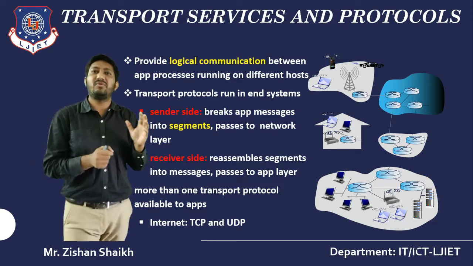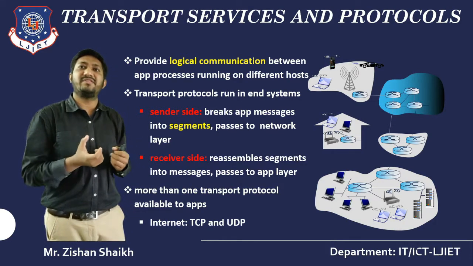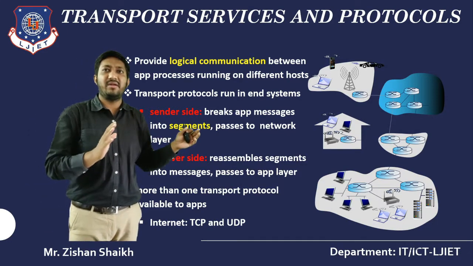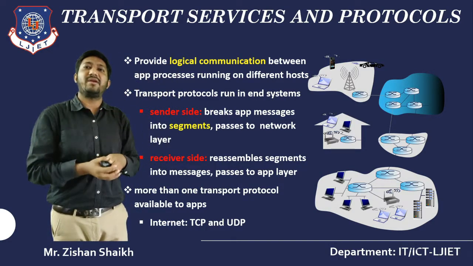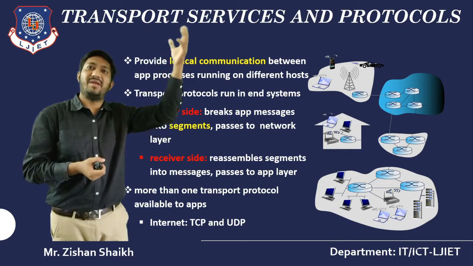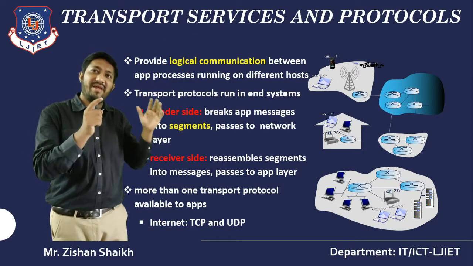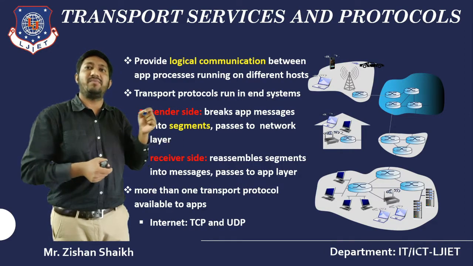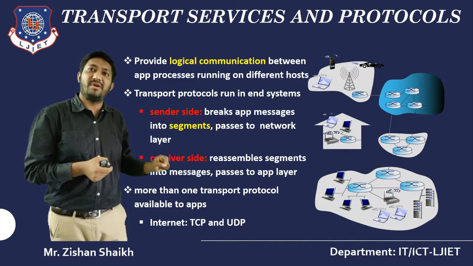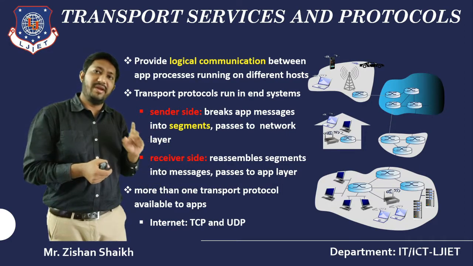We already discussed the network layer, which uses the concept of fragments to send data to the lower level. But the transport layer takes data from the upper application layer, breaks it into smaller parts known as segments, then processes it and sends it to the lower level, that is your network layer.